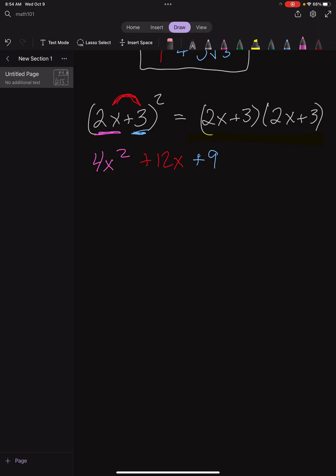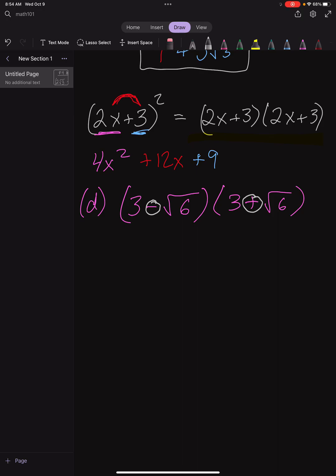The one that I really want to look at is stuff like example D, and we already did one of these. We might have done this one in class, actually. 3 minus root 6 times 3 plus root 6. You have to get really good at recognizing these type of special products where we have the same number plus and the same number minus.